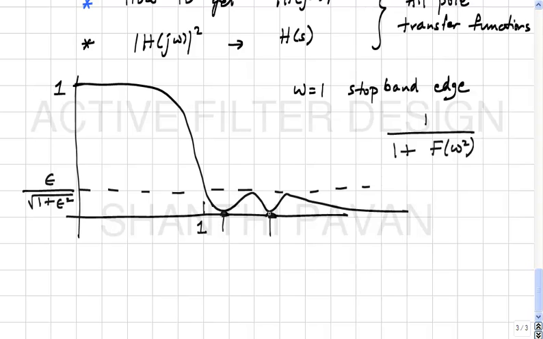So there must be a numerator, which means that f of omega square cannot be a polynomial, it must be a ratio of polynomials.